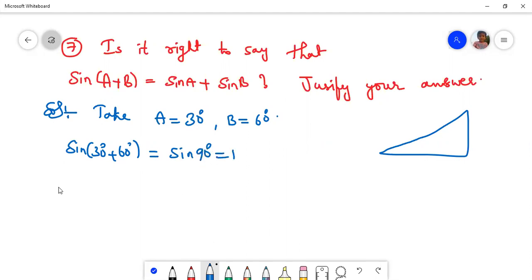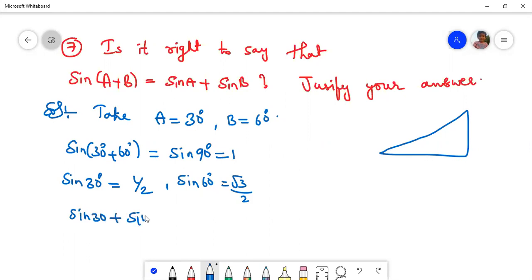It is equal to 1. Another one is sine 30 degrees is equal to 1 by 2. Sine 60 degrees equal to root 3 by 2. The sum of sine 30 plus sine 60 is equal to 1 by 2 plus root 3 by 2.